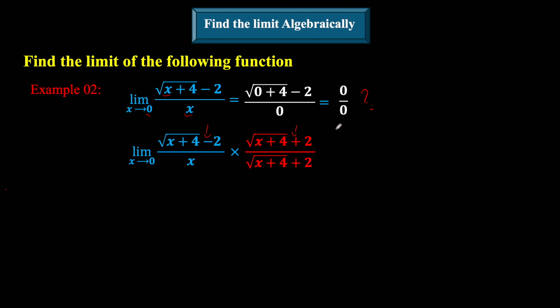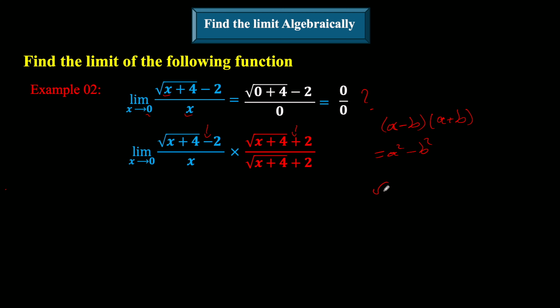Then we apply this formula. It is the difference of squares. Here we have minus, here we have plus, and as we said before, when you have a minus b multiplied by a plus b, this is equal to a squared minus b squared. So it is the same case.